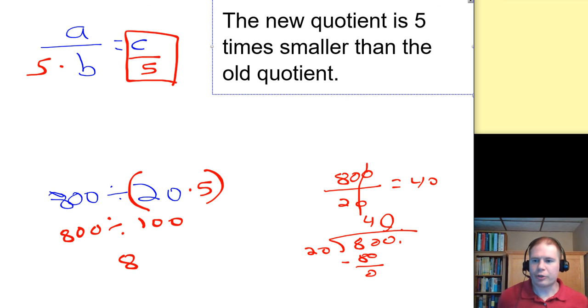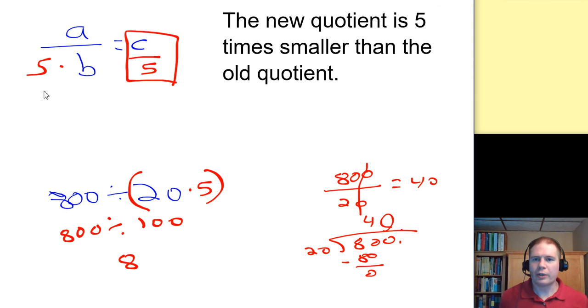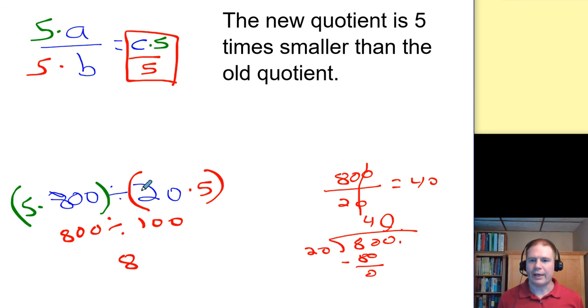Okay. Now, the third option here is what if I do both? What if I multiply both the numerator and the denominator by 5? Both the dividend and the divisor being multiplied by 5.